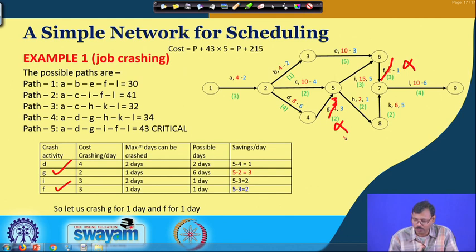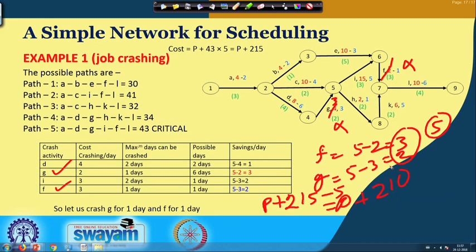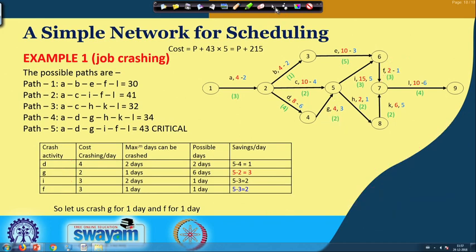Our savings for F is 5 minus 2, that is 3, and for G is 5 minus 3, that is 2. That means total saving is 3 plus 2, 5 units, and that is why our total cost will be reduced to P plus 210 units, and we have represented that in the next slide.